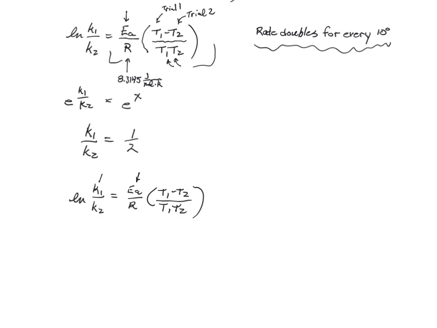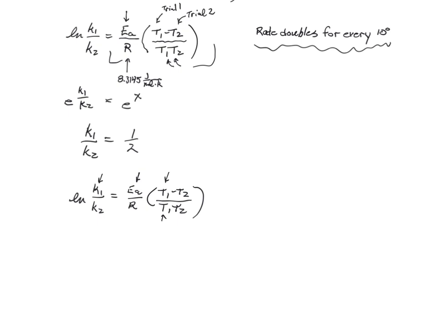Okay, plug in the rate constant for one of those sets of data. So if I were you, just pick trial 1, right? So plug in K1 for trial 1. That means you're going to use the temperature for trial 1 as your T1. So you plug that in for both of these.